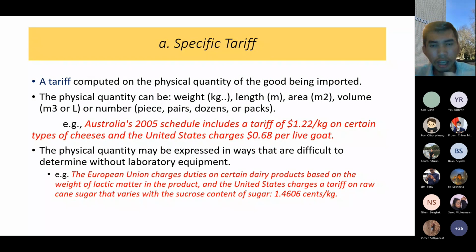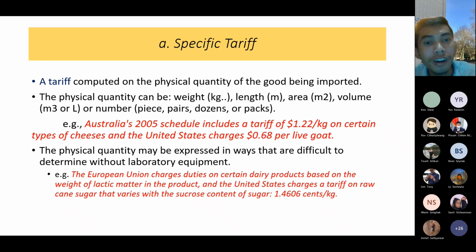The first form of non-ad valorem tariff is called the specific tariff. A specific tariff is a tariff that is computed based on the physical quantity of the good being imported.